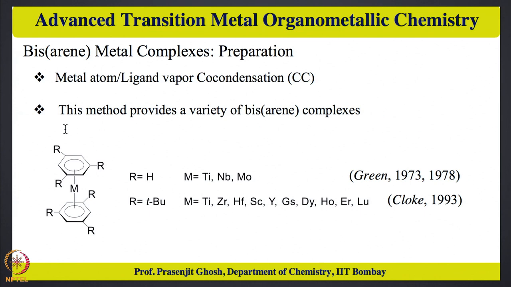Now, this method was developed and propagated by and large by Professor Malcolm Green and Jeffrey Cloak, and they have made a significant advancement in developing and popularizing this method.